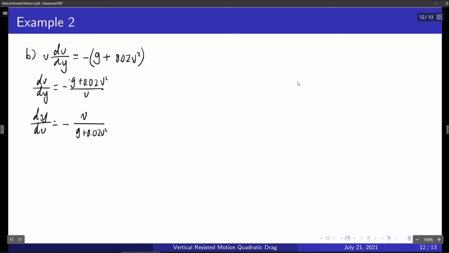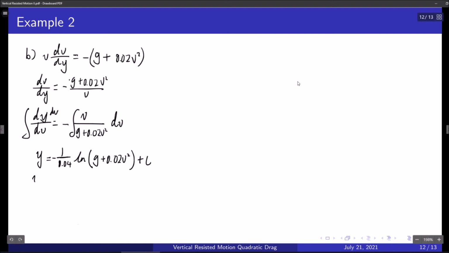Okay, you probably can already see it now. We're going to integrate this into a log function. Of course, we do the same to both sides. So y in the end would equal negative 1 over 0.04 log g plus 0.02 v squared plus c, of course.